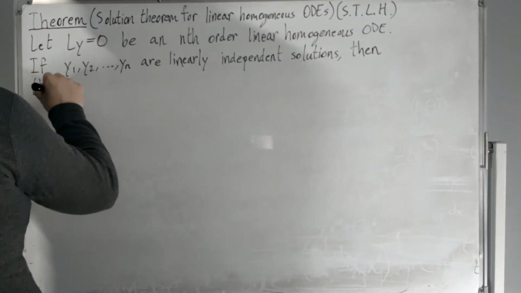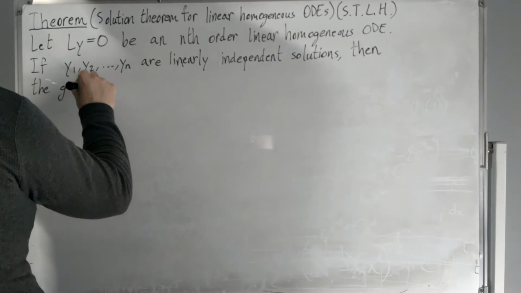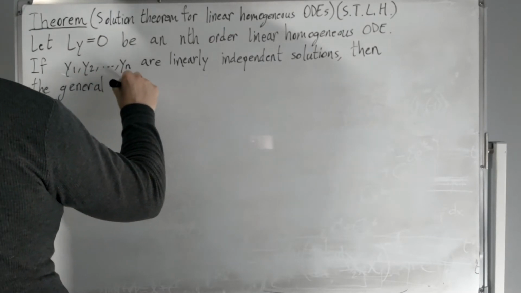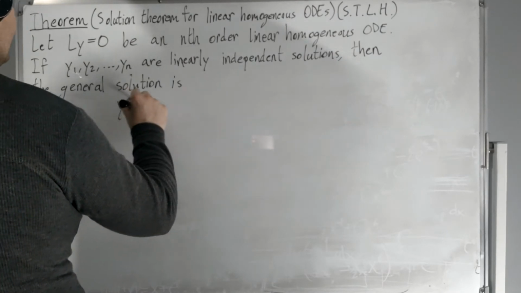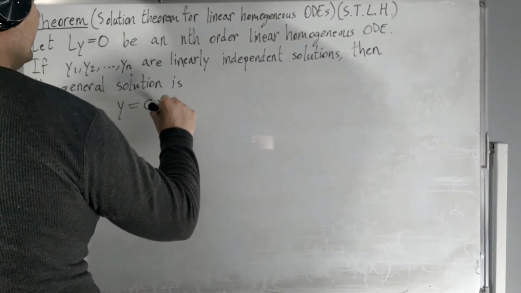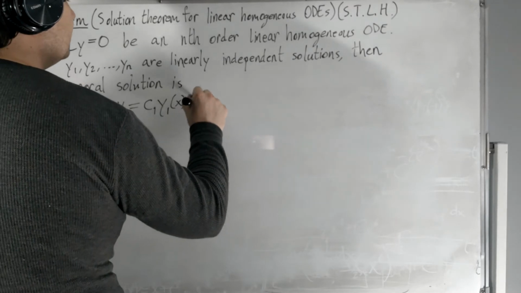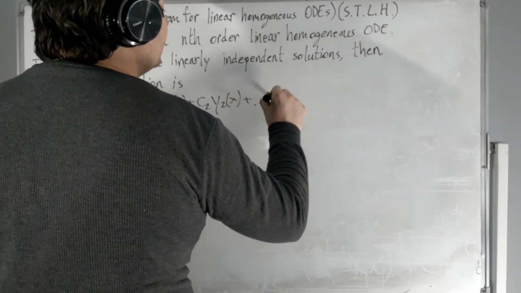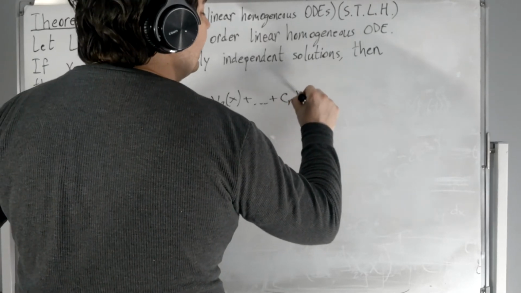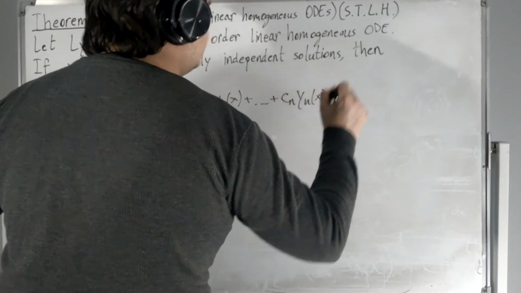the general solution is y equals c1 y1 of x plus c2 y2 of x plus dot dot dot plus cn yn of x.